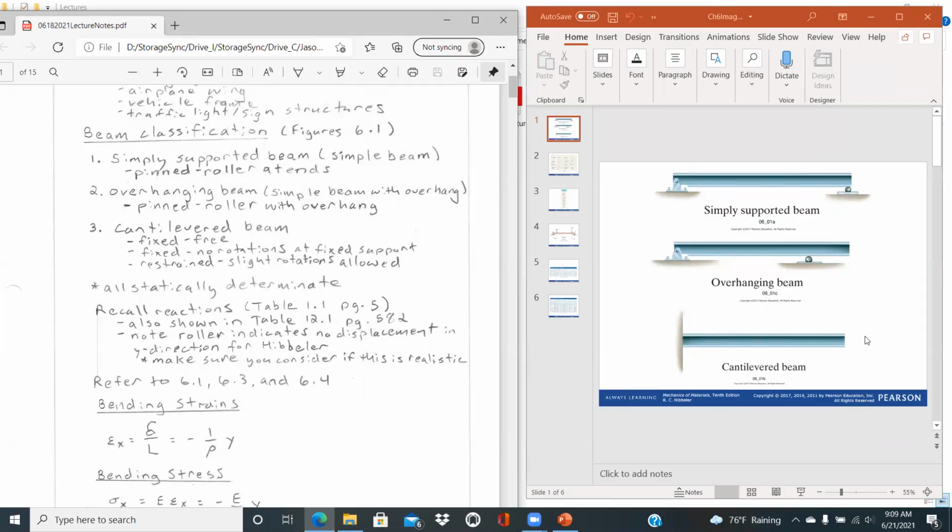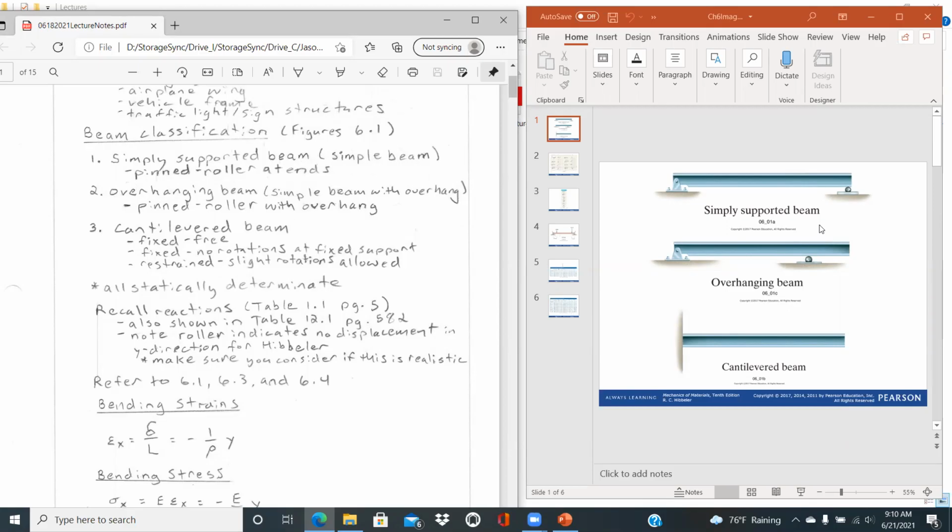I noted earlier in the summer semester that Hibbeler's book views a roller as just providing a vertical force. They don't indicate which direction that vertical force has to be. So the way Hibbeler recognizes this, it could be a downward force too, like keeping this beam from going up, which would physically make more sense if the roller were on the other side.